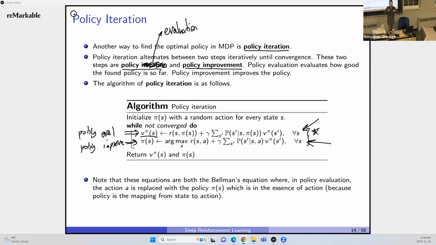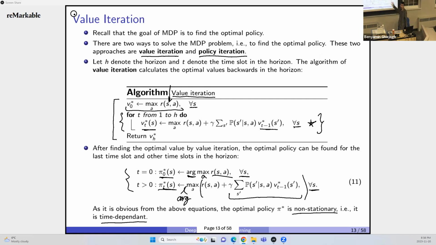Gradually, the difference becomes smaller and smaller because the policy is getting better and better, and we'll have one best value. As long as the change of value is large and the change of policy is large, it hasn't converged. If the change of both of them becomes small, it means that it has converged in policy iteration. In value iteration, whenever the change of value is small, that's all. Oh, by the way, in value iteration, sorry, we have a for loop in the horizon. We don't have convergence.